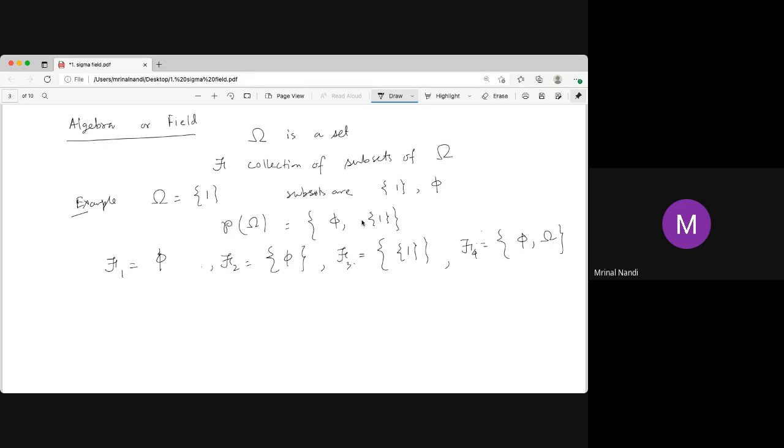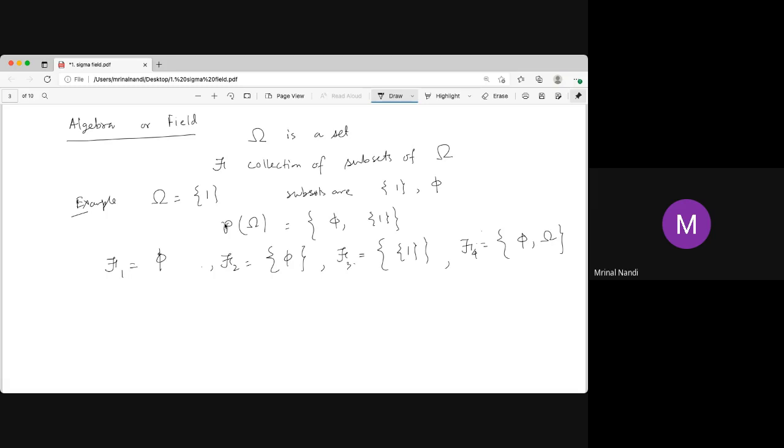And another is the power set of omega. So these are 4 different collections, and we choose any one. Now, if omega has 2 elements, 1 and 2, the number of subsets is 2 to the power 2, which is 4, so the number of distinct collections is 2 to the power 4, which is 16. It's huge.